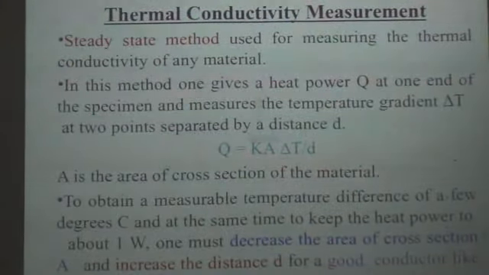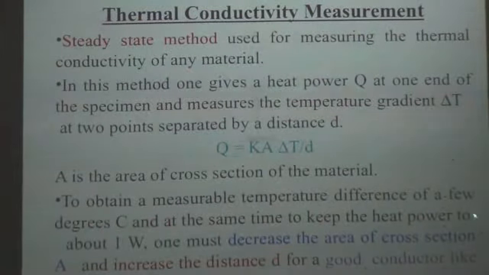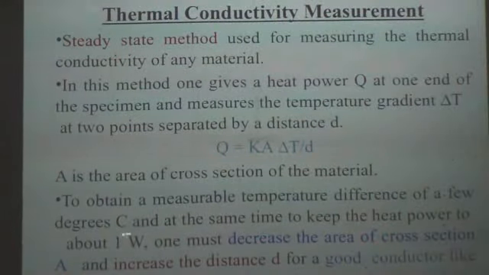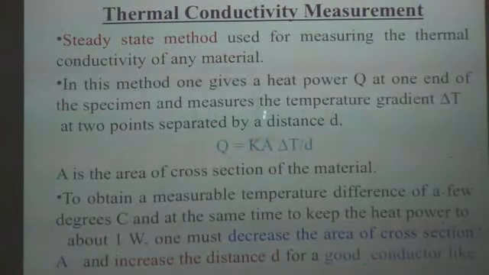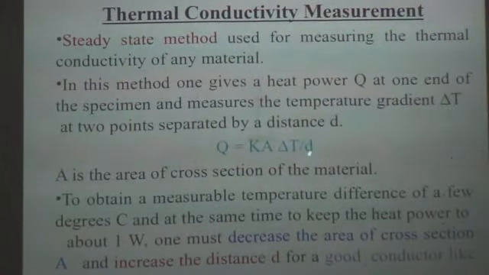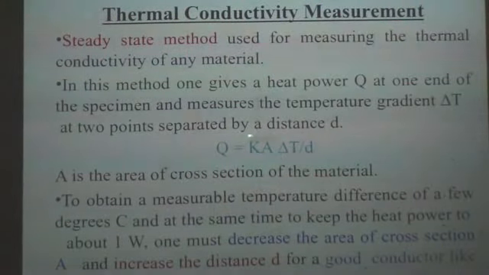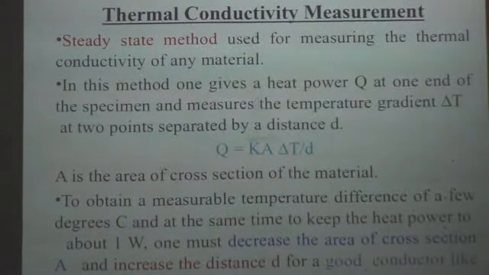So we want the value of delta T to be a few degrees centigrade, and at the same time we can't increase the heat power beyond 1 watt. So we can write delta T equal to Q upon KA into D. We can decrease the value of A and increase the value of D to get a reasonable value of delta T.